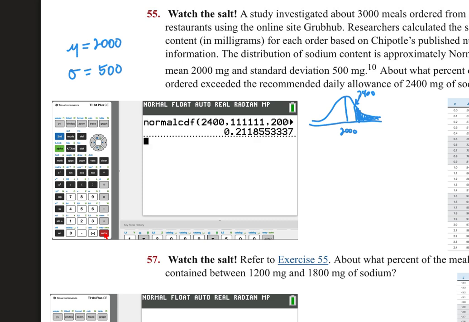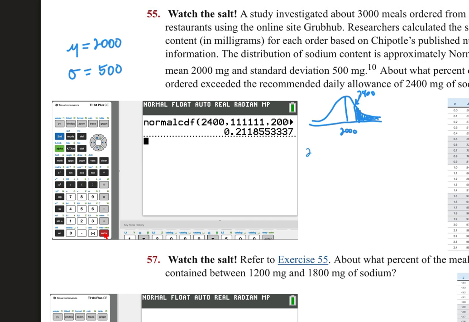Okay, so remember that when you do normal CDF, it gives you the percent or proportion that's to the left or right. So that's what that's giving us. So this is the percent.